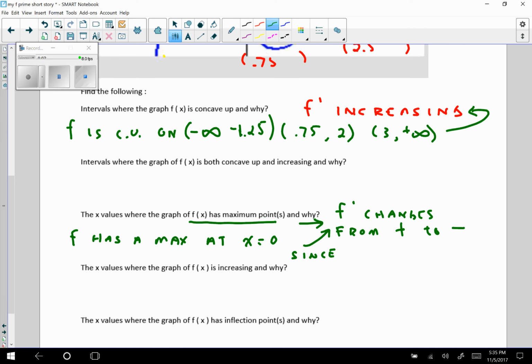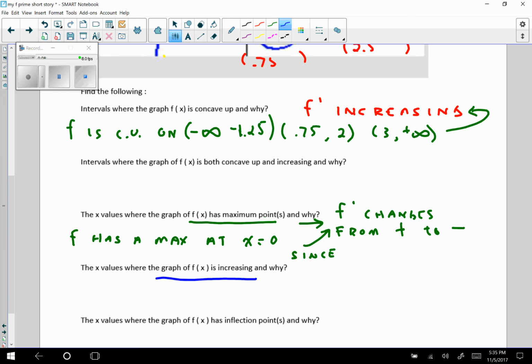Let's go right to the next question. Where is the graph of f increasing? Want to know where f is increasing this time. And if I look at my cliff notes, it's nice to write the reason first. If you're given the graph of f prime, then all you have to do is find the intervals where your reason happens.